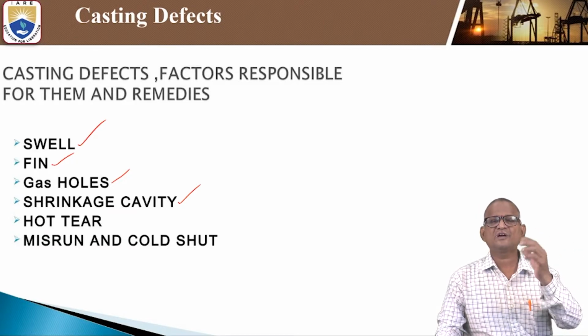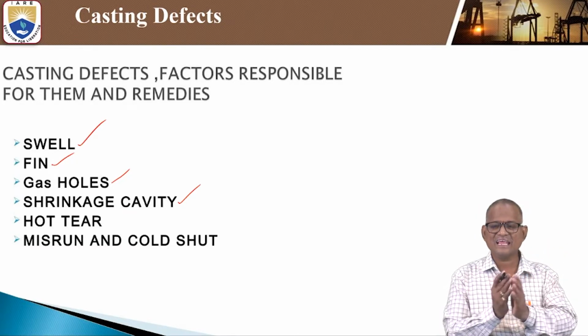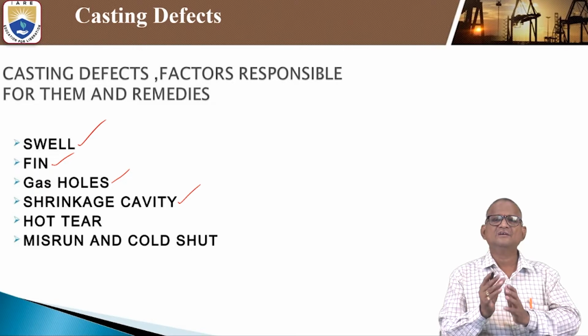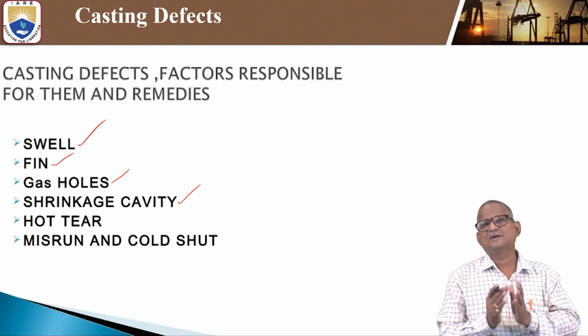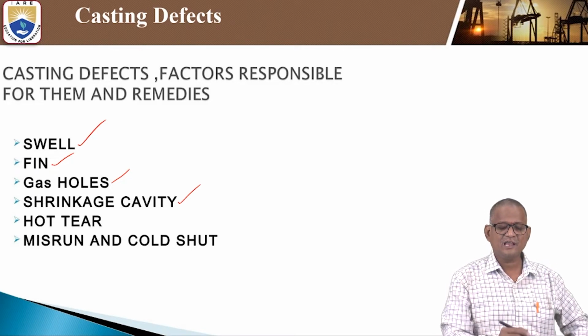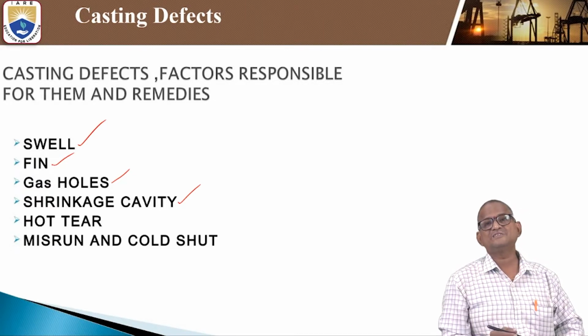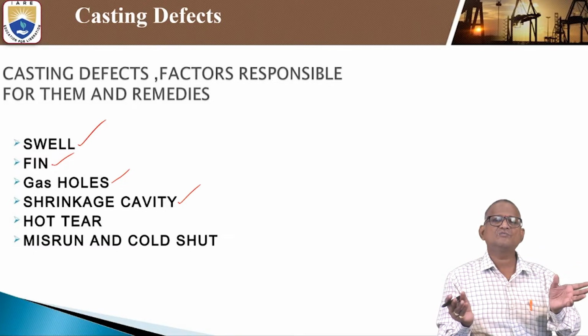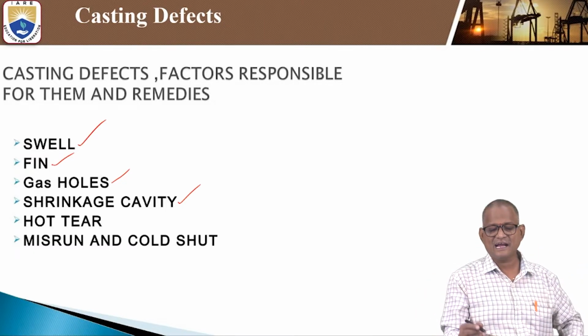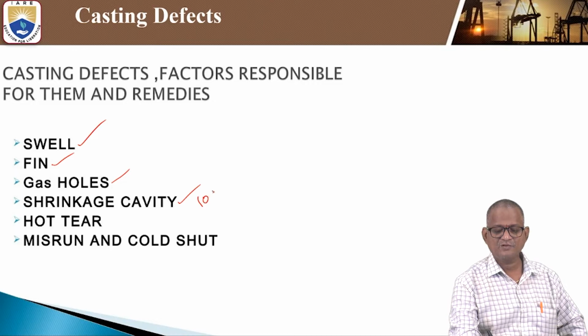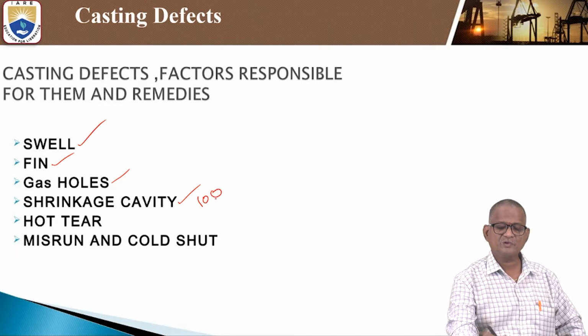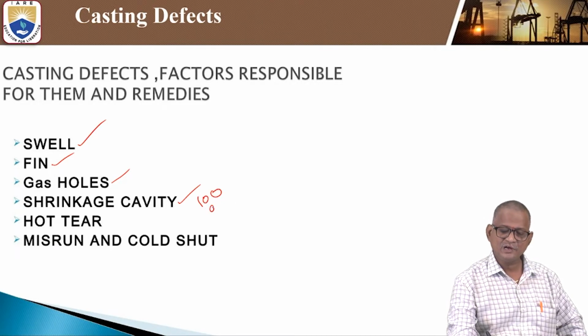If you do not provide the shrinkage allowance, the casting will contract, or it may be enlarged. Depending upon whether the allowances are provided properly, shrinkage can sometimes be a problem for the component.